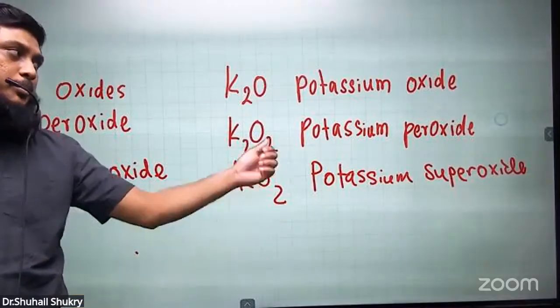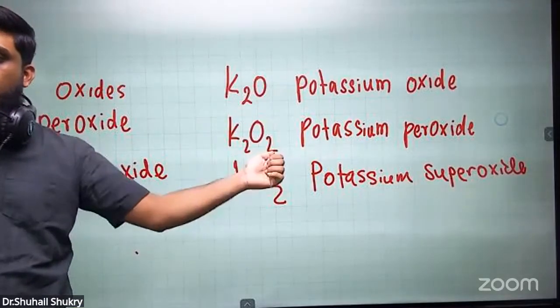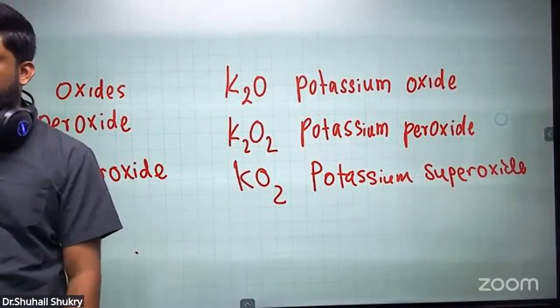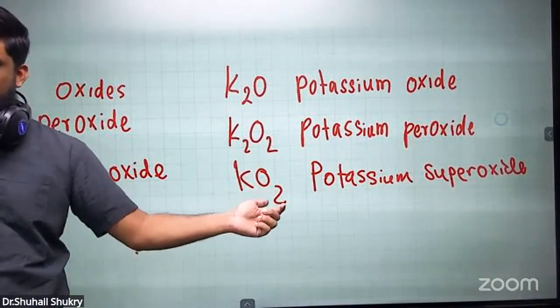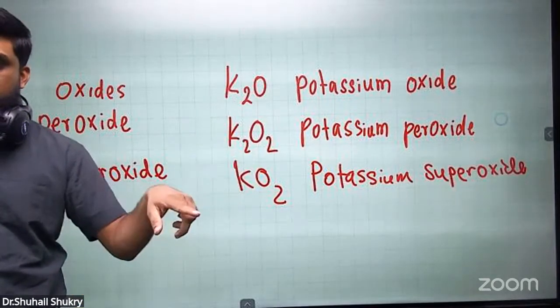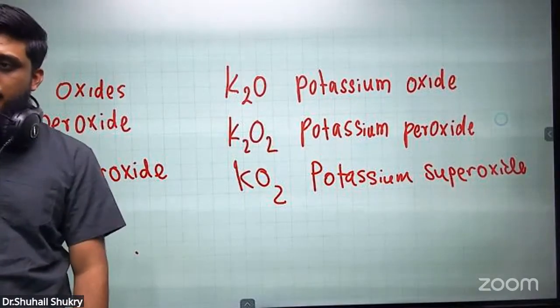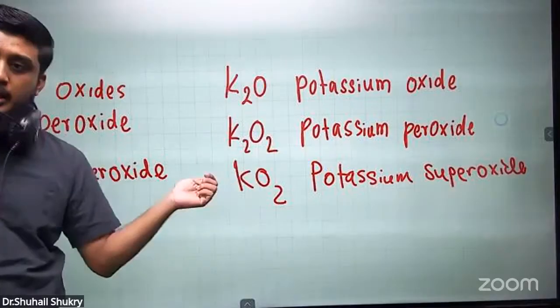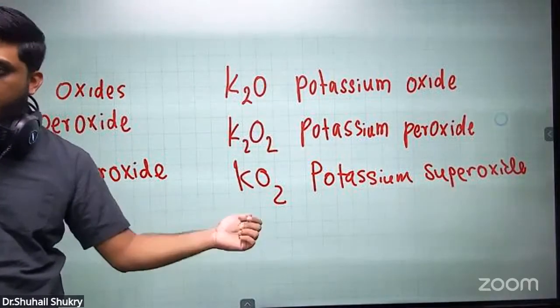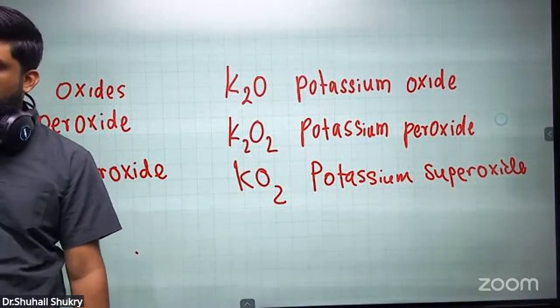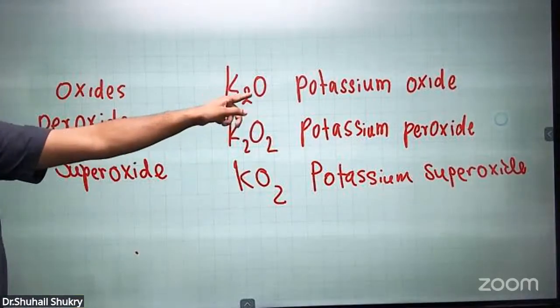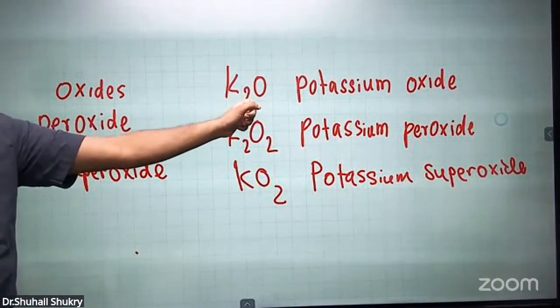But it's easy to remember K2O, K2O2, and KO2. K2O means potassium oxide. K2O2 is potassium peroxide, like hydrogen peroxide H2O2. And KO2 means potassium superoxide. Using these, you decide the anion of oxygen.